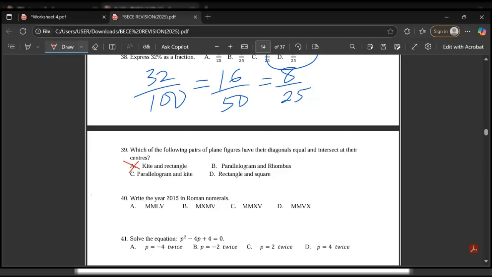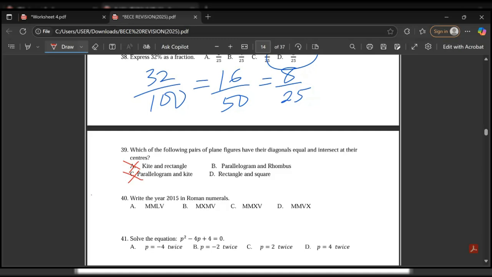Option C also knocked out. It remains B and D. You can see, you use elimination method to solve some questions. You can apply this method in other subjects as well. There are some that you know that this is not possible. Now, parallelogram, yes. The diagonals are the same and diagonals bisect each other.